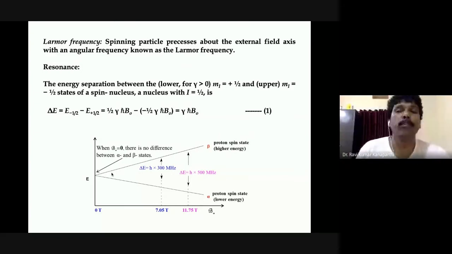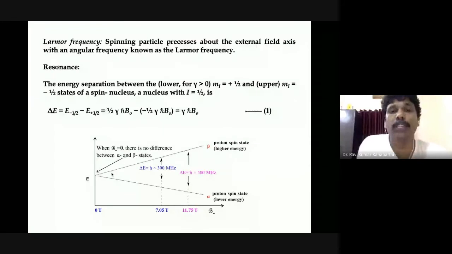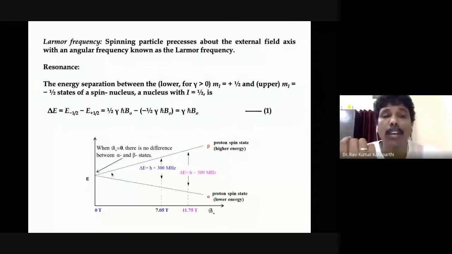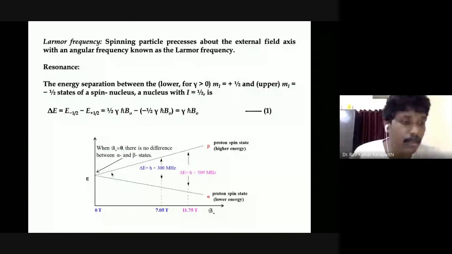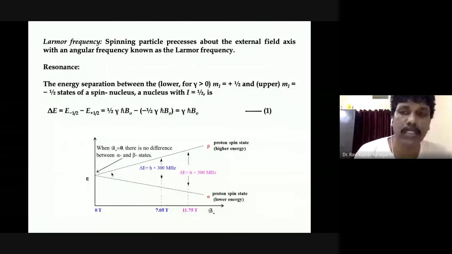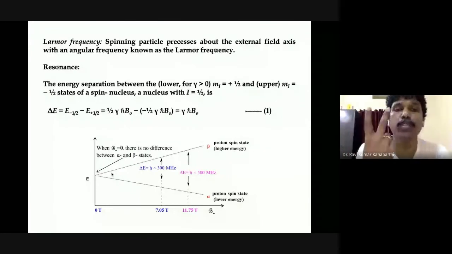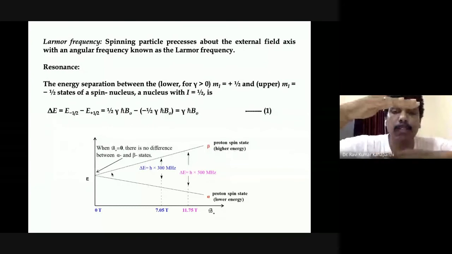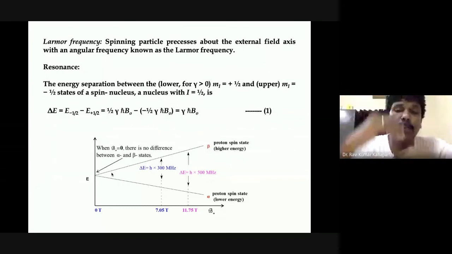Quadrupolar spinning nuclei like nitrogen and deuterium are there, but those NMR spectroscopies were not established much, and there is less information from that side. If the spin quantum number is half, then you can expect two nuclear quantum states, that is, one lower energy level and one upper energy level.